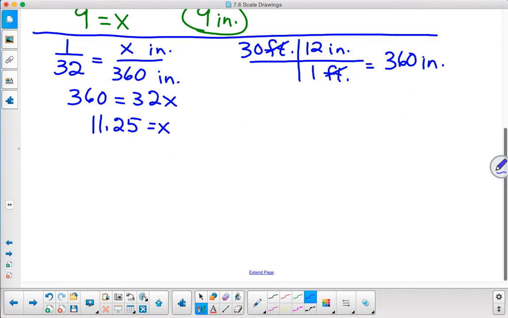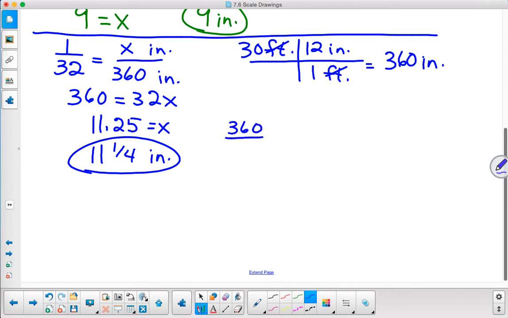Now, if you don't recognize it, then you need to back up a little bit. 11 1/4 inches is my second answer here. If you didn't recognize that, then go back to 360 divided by 32. It goes in there 11 times. 11 times 32, that takes care of 352.